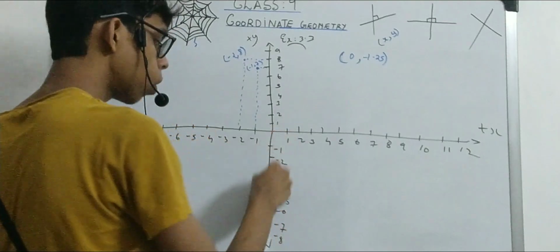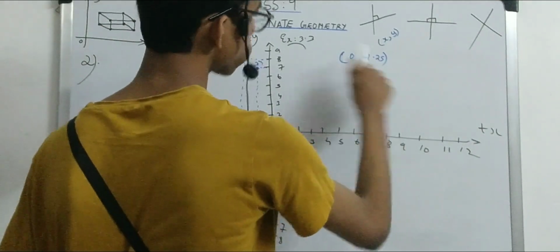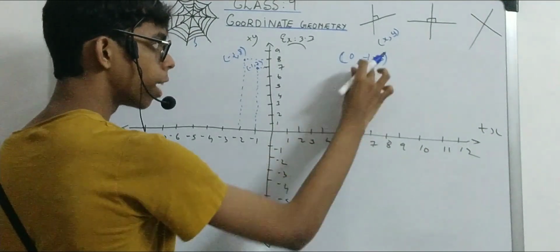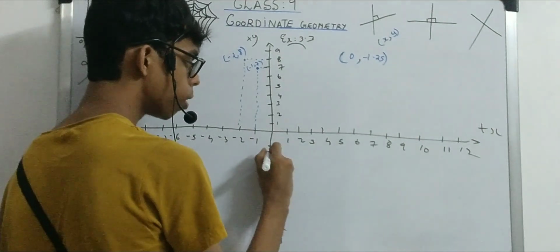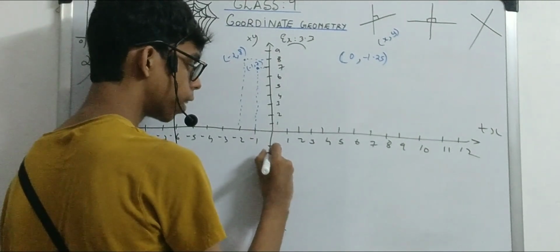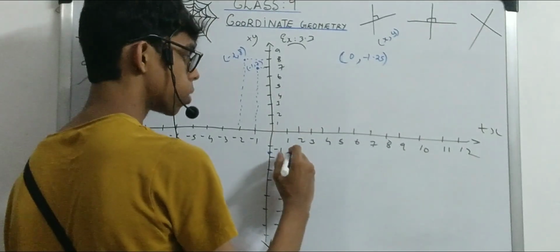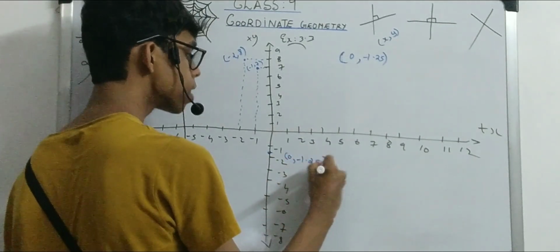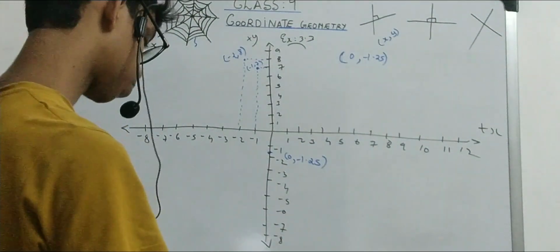So this is your negative y axis, and they have given you minus 1.25. Minus 1.25 lies between minus 1 and minus 2, so it will be somewhere over here. This point will be your 0 comma minus 1.25. I hope it is clear.